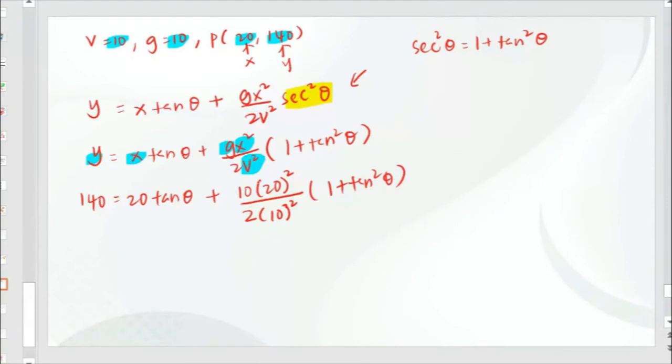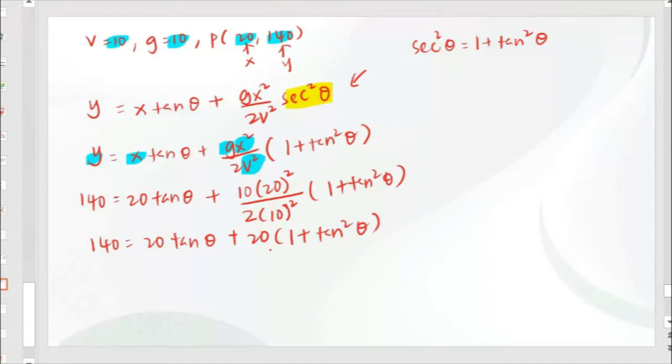Then use your calculator to trace one by one. Then what will you get? You will get 140 equal to 20 tangent theta, then the value here will become 20, plus 20, 1 plus tangent squared theta.